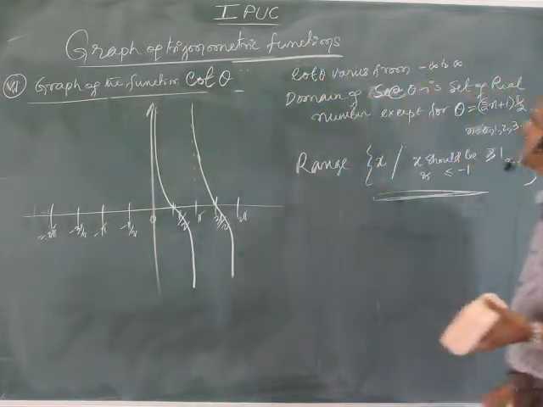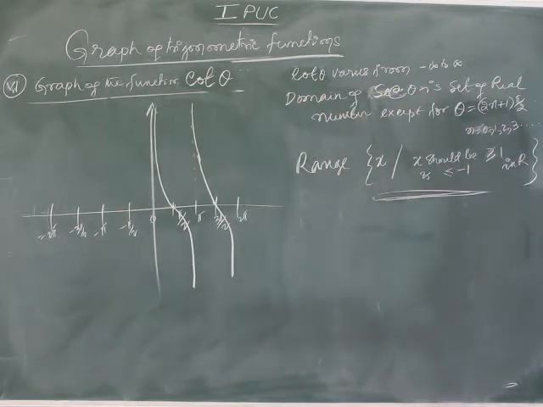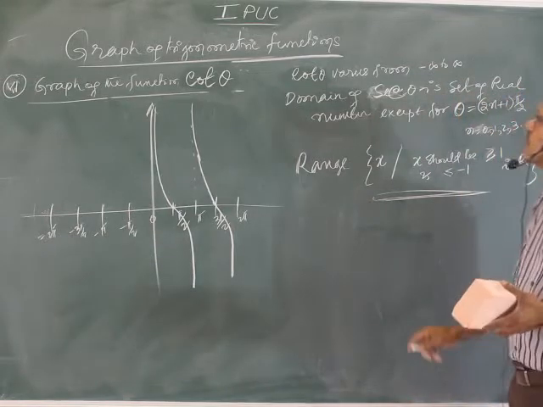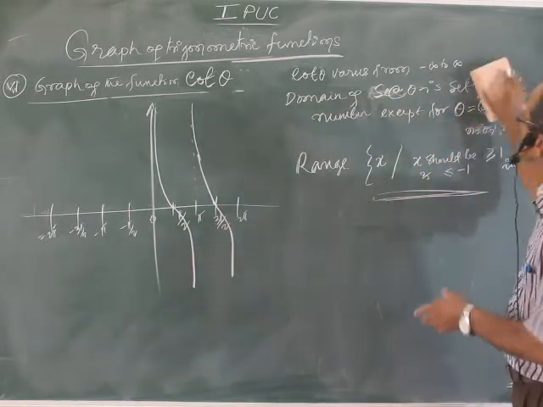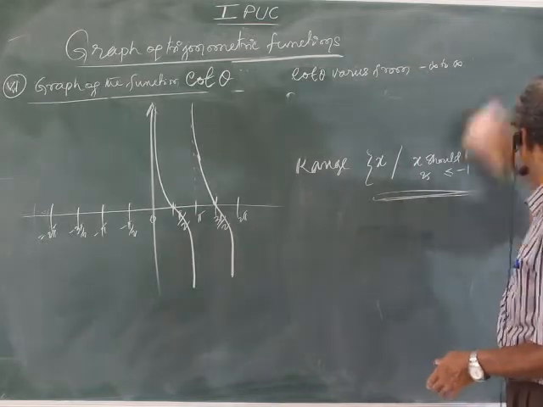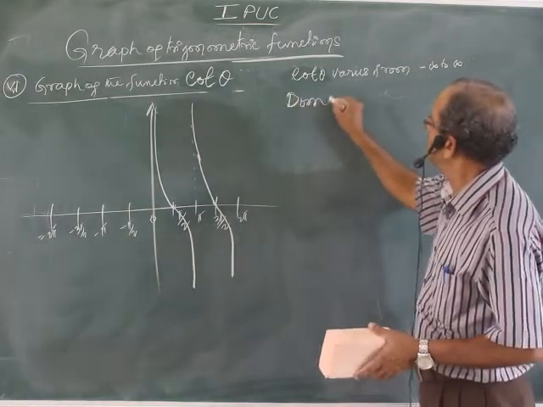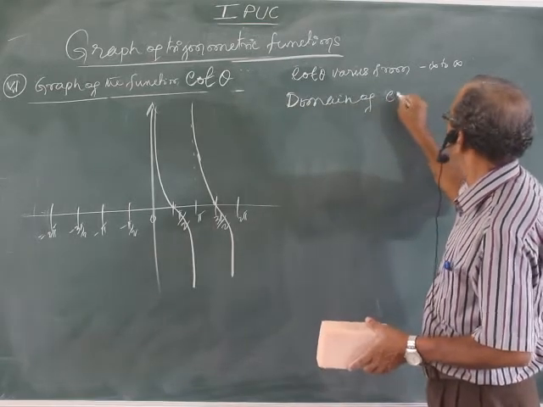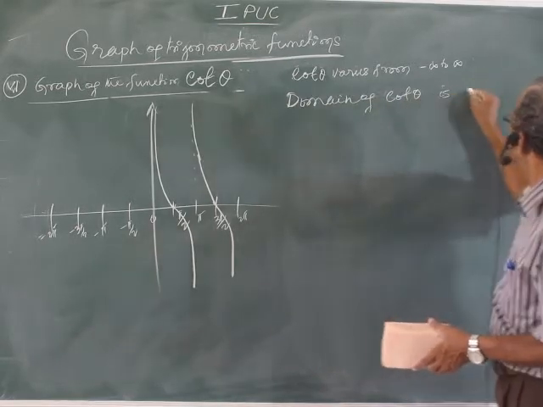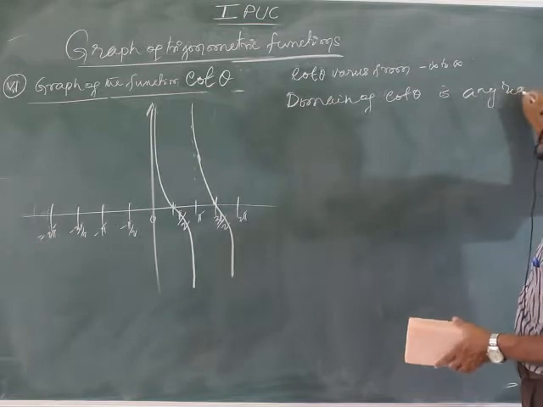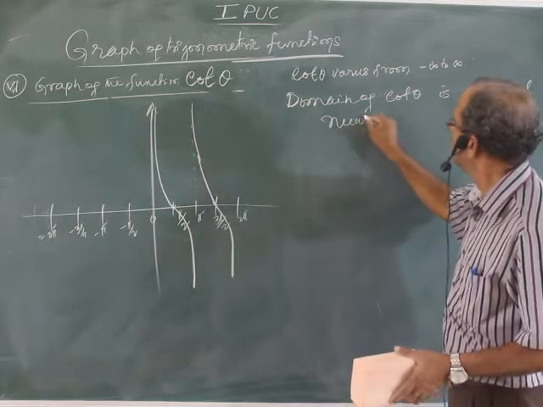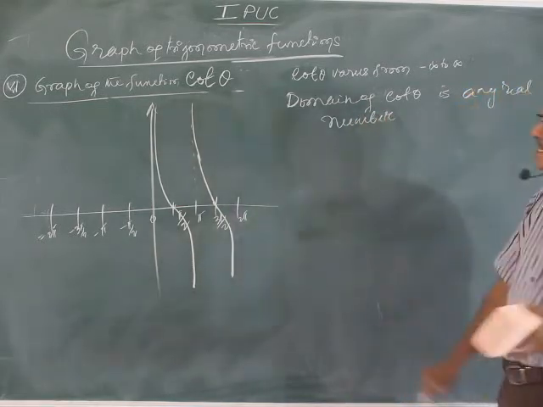Right. Cot theta varies from minus infinity to infinity. Domain of cot theta is any real number.